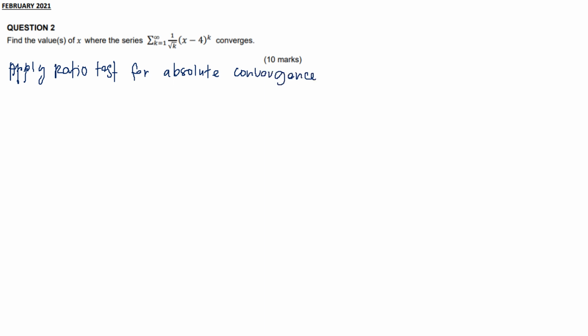For the ratio test, what you need to do is find a_k and a_(k+1). So a_k equals 1 over square root k times (x minus 4) to the power of k, and a_(k+1) equals 1 over square root of k plus 1 times (x minus 4) to the power of k plus 1.